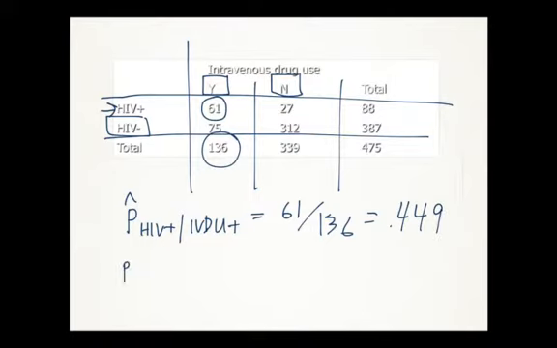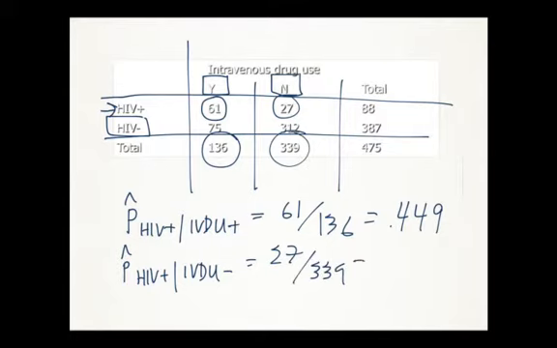And then if we were now to look at the probability of being HIV positive among those who do not use intravenous drugs, then we would have 27 here out of a total of 339, or 8%. Okay? And if we took the fitted odds ratio, it would be 9.4. Okay?